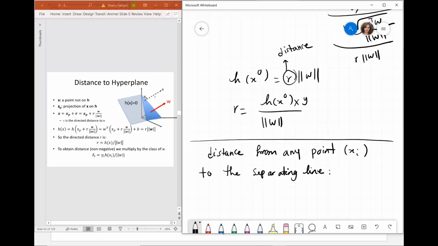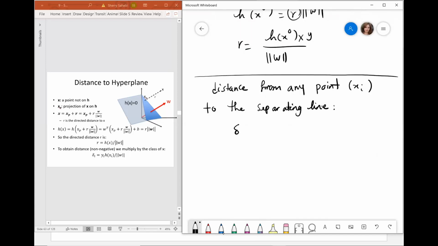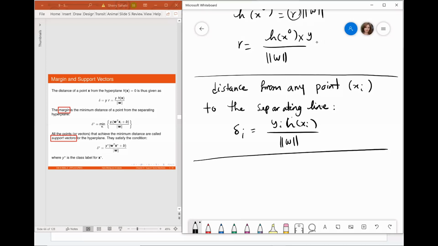We'll call it delta i, and it is equal to yi h of xi divided by norm of w. W is in the formulation of the separating line. H of xi is w transpose xi plus b, and yi is the label for that xi.